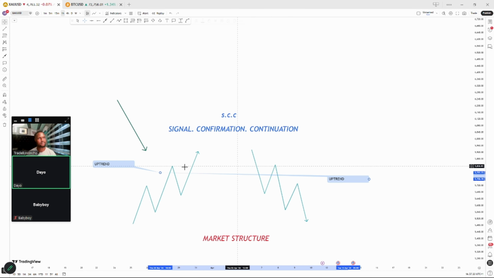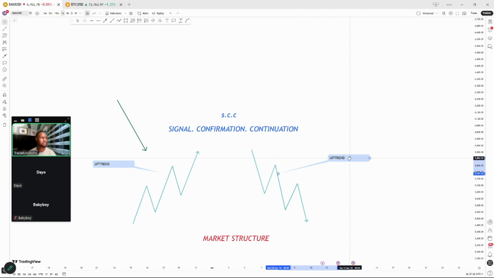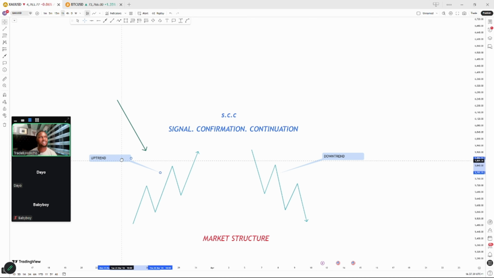And this, we call it a downtrend, because the market is going down. So this is an uptrend, the market is going up. This is a downtrend, the market is going down.